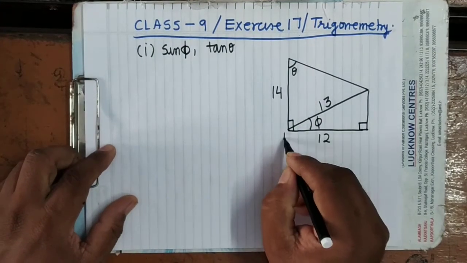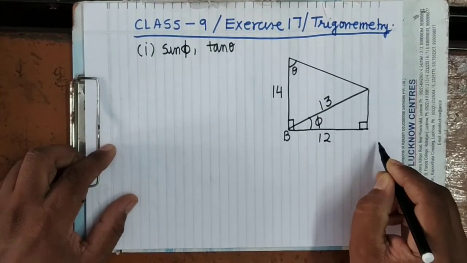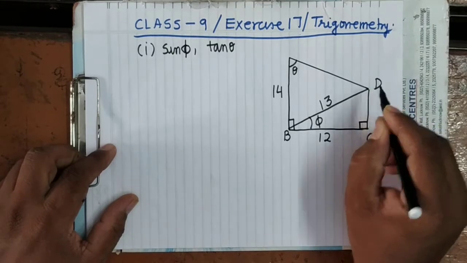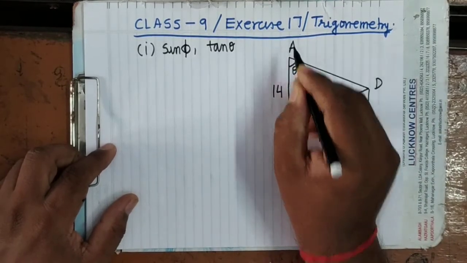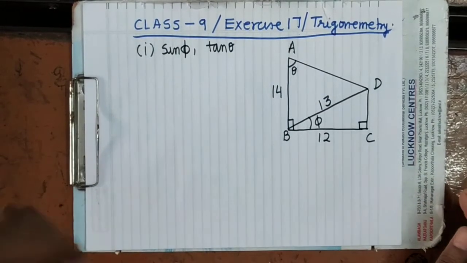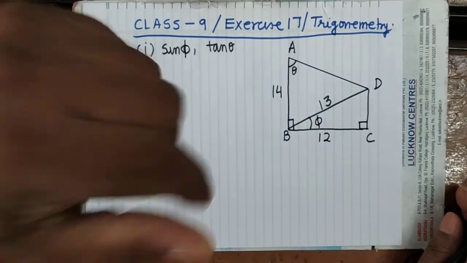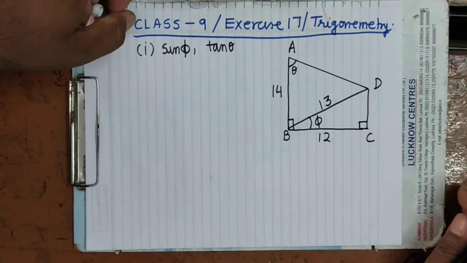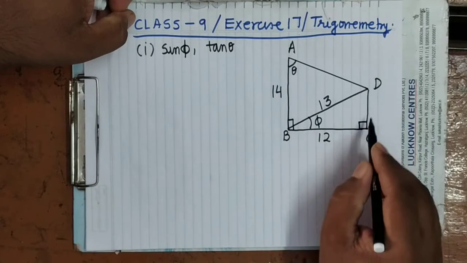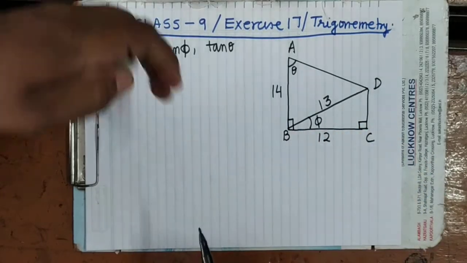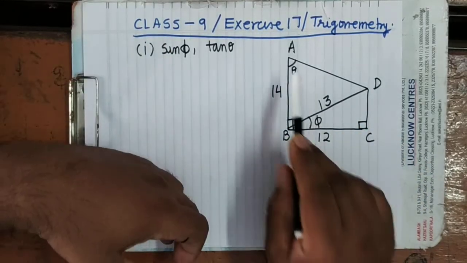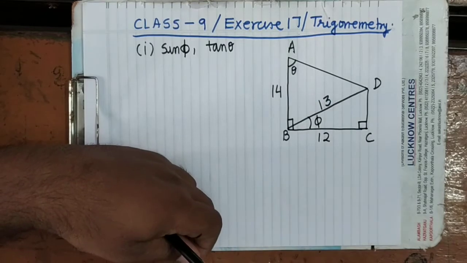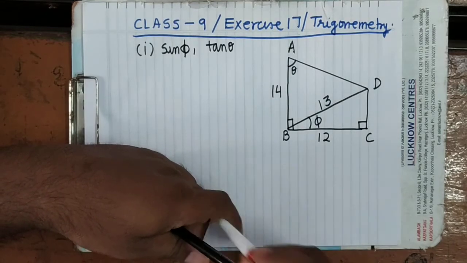Here it is given B, C, D, E. So what will you do? Sin phi can be determined by this right angle triangle. Now for tan theta, there is no right angle triangle, so what will you do?